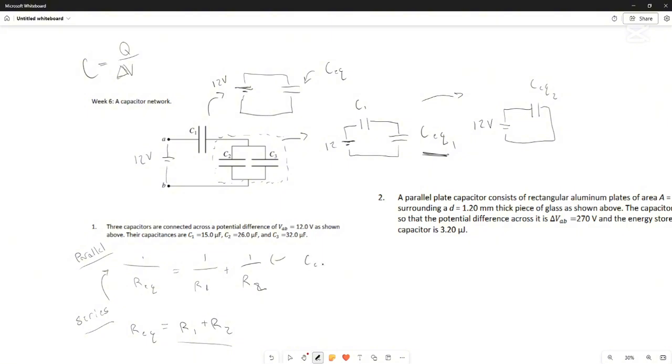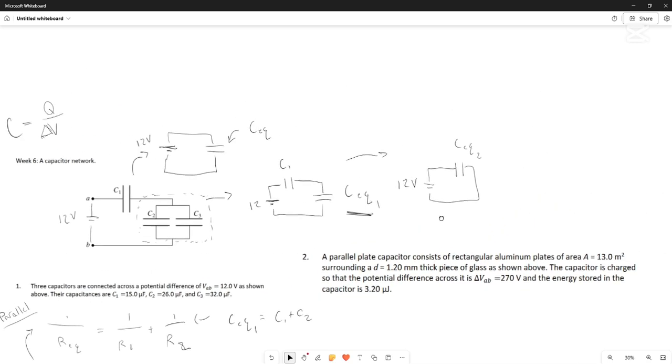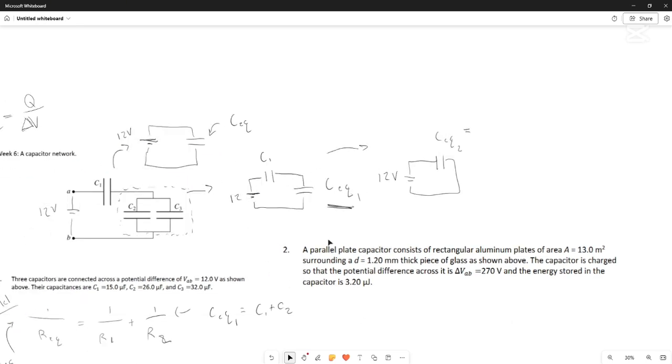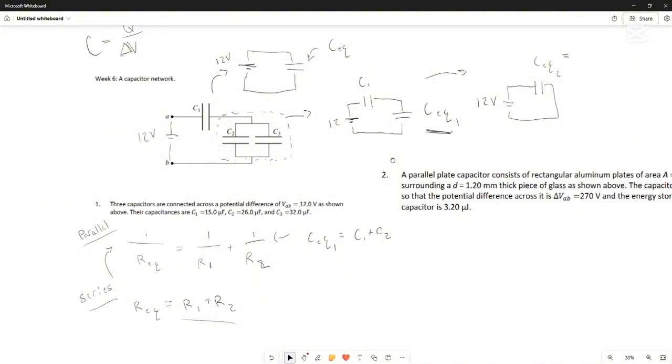And so C equivalent 1 here is just equal to C1 plus C2. Now if we want to get a secondary equivalent capacitance, it's C1 and C equivalent 1 in series, and now these add like resistors in parallel.